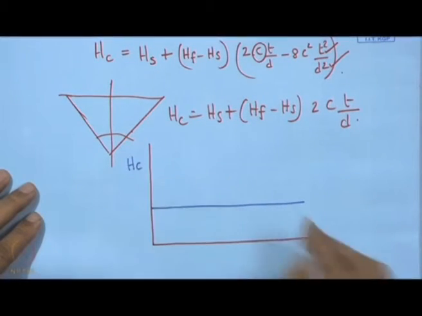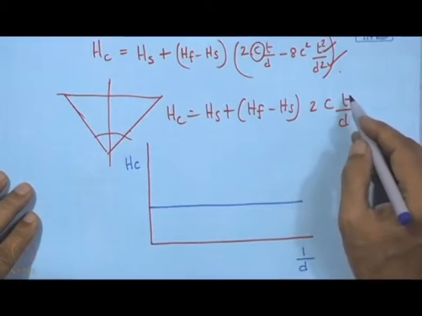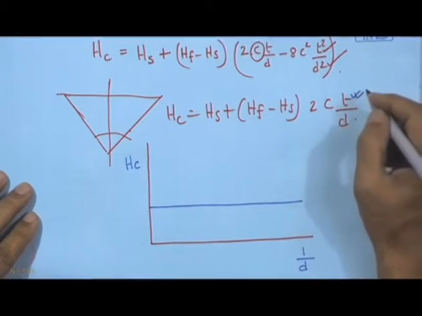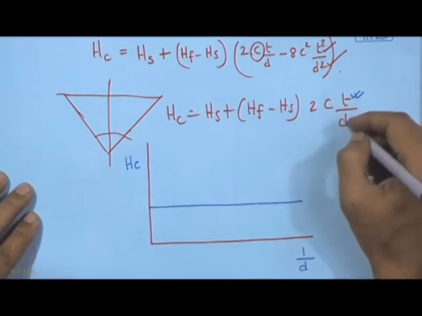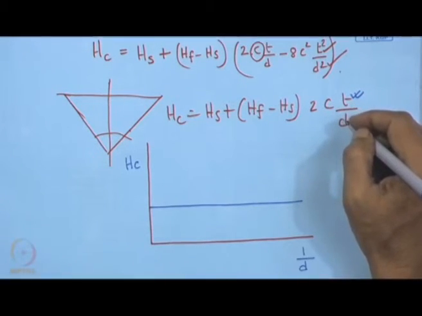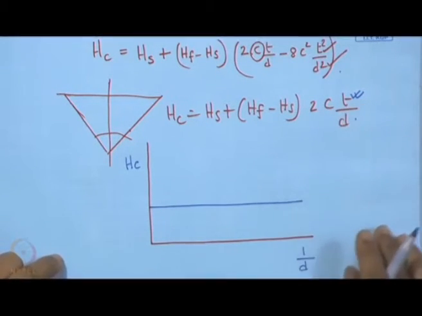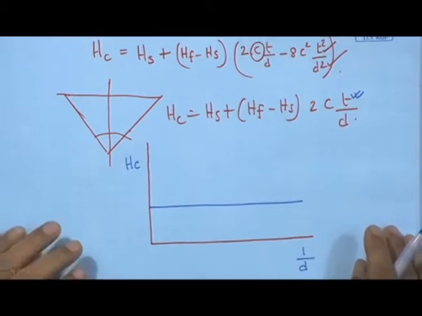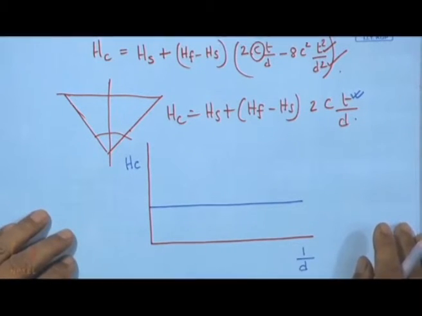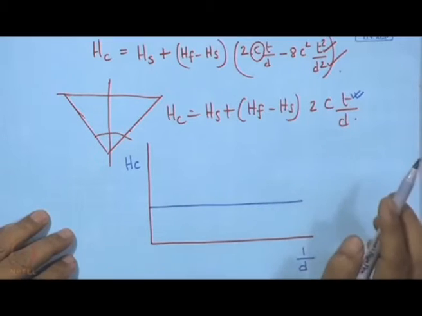So, this is HC and this is 1 upon D. So, 1 upon D, because for a given thickness of the coating, this composite hardness is going to maintain a linear relation if we follow this equation.